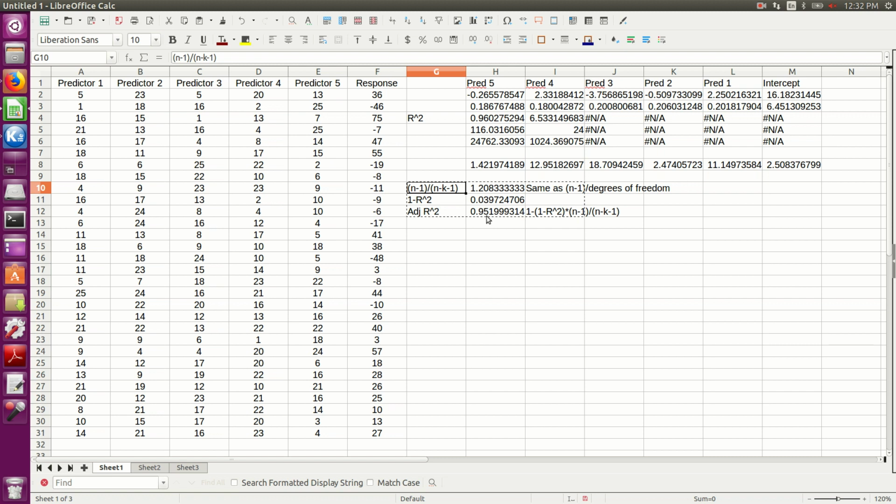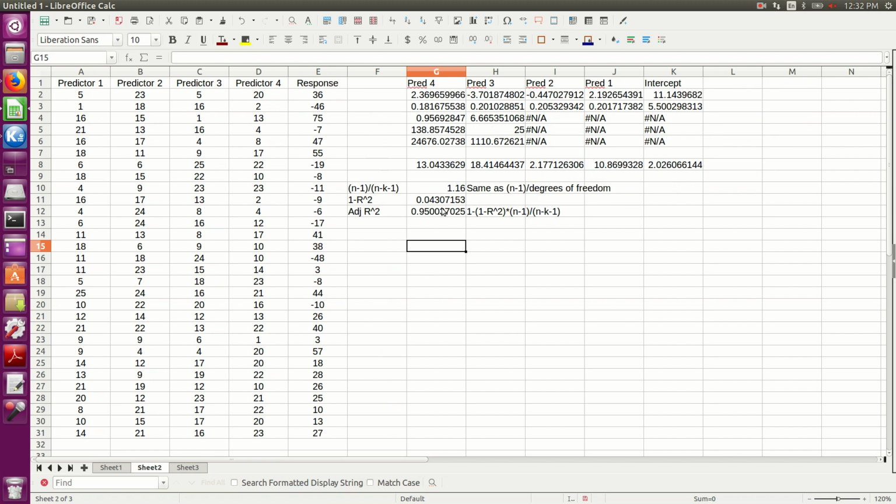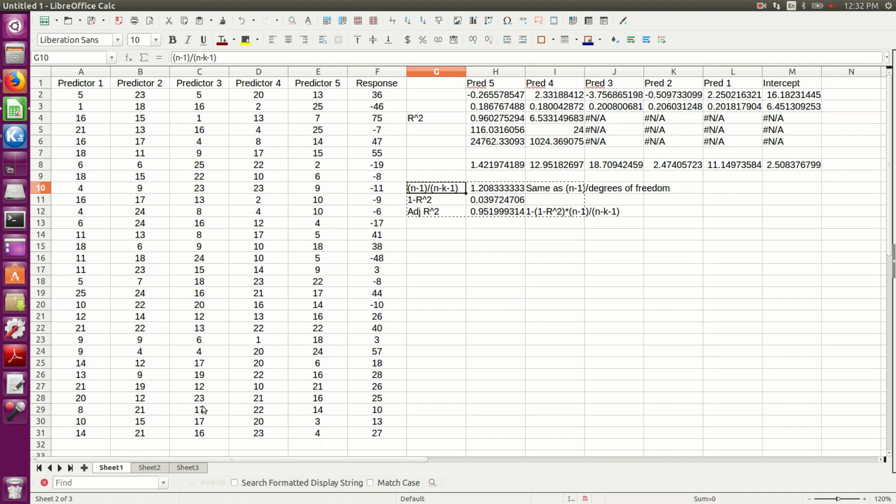And actually, I'm a little surprised. The adjusted R squared here is a little bit higher than here, not much higher, only 0.002 higher, and so the adjusted R squared here is a little closer than the original R squareds were.